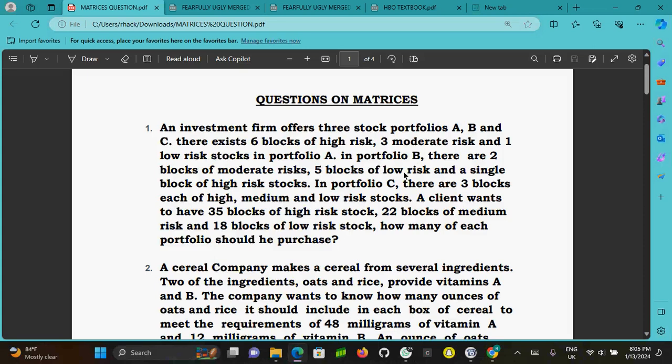So we are going to read this and then formulate it like using the linear programming formula. Then we'll use matrices to solve this.